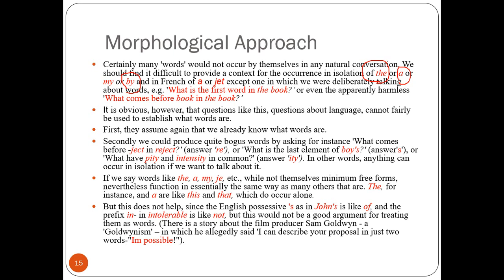Likewise, we could produce some bogus words by asking, for instance, what comes before "eject" in the word "reject." The answer would definitely be "re." Or what is the last element of "boys"?